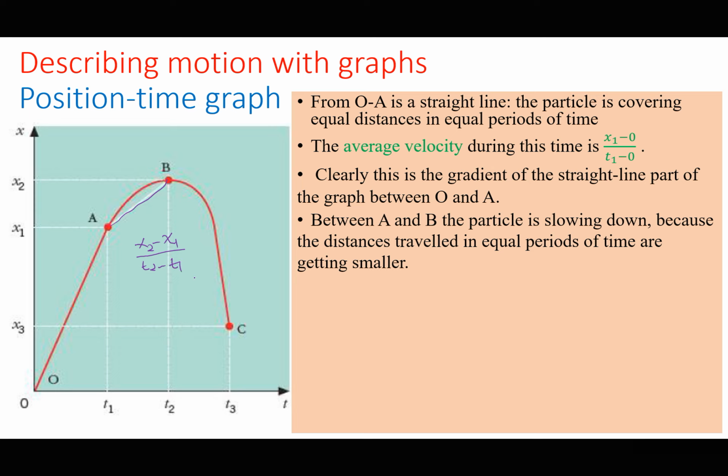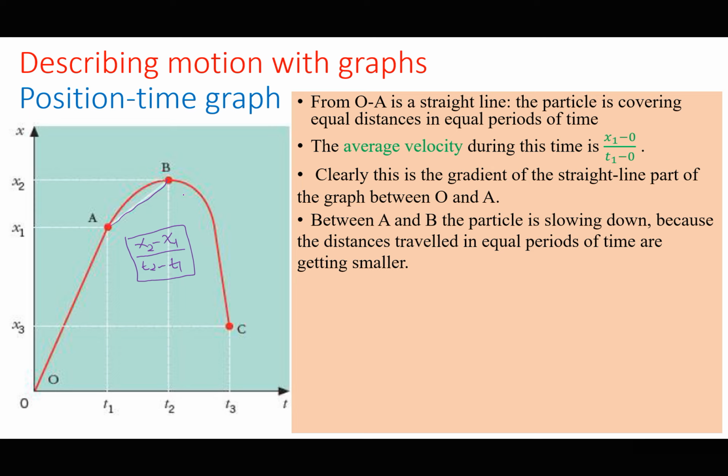That would be the average velocity. However, you notice that between A and B it is not a straight line, which means that even though this is the average velocity, the speed is not actually constant. The instantaneous velocity keeps changing between A and B.